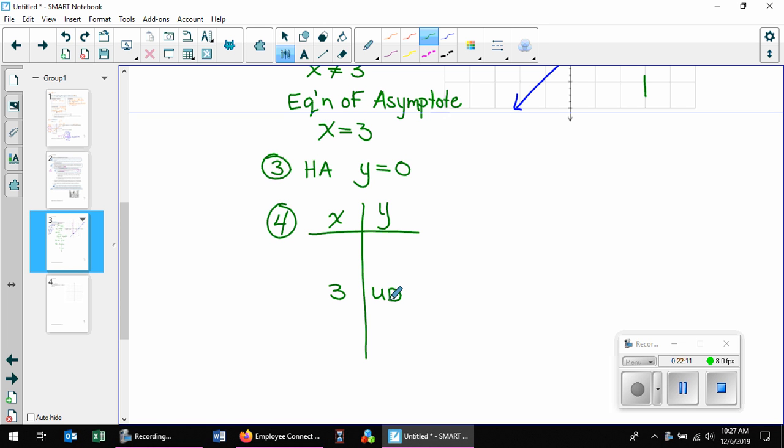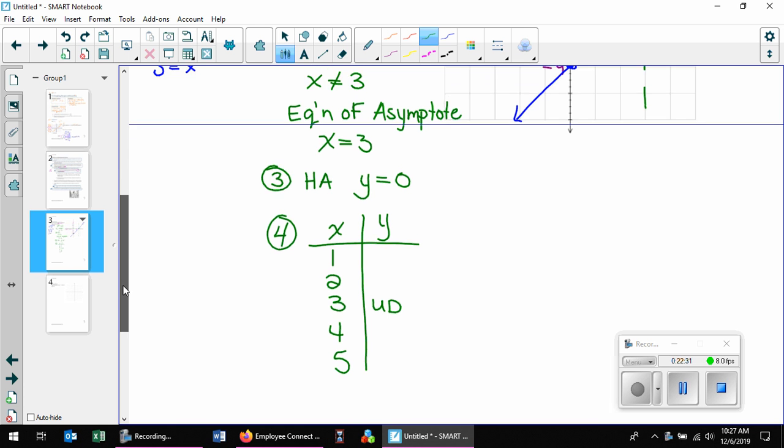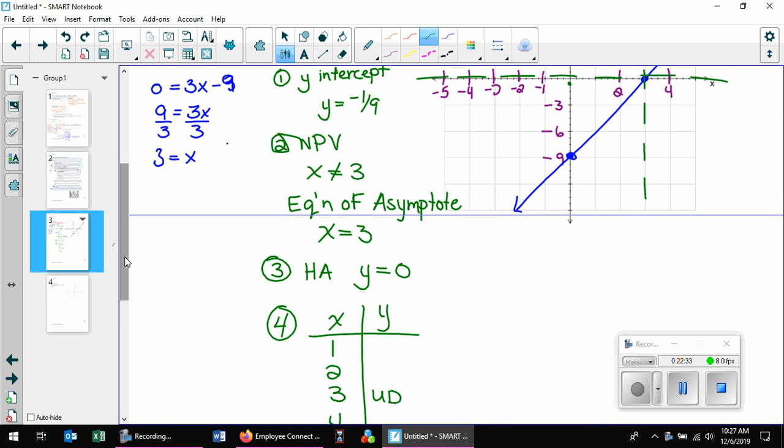Okay. So now we're going to pick values to the left and to the right of 3. You can pick any points that you want, but we're going to go with those. Okay. So this is for our reciprocal graph.